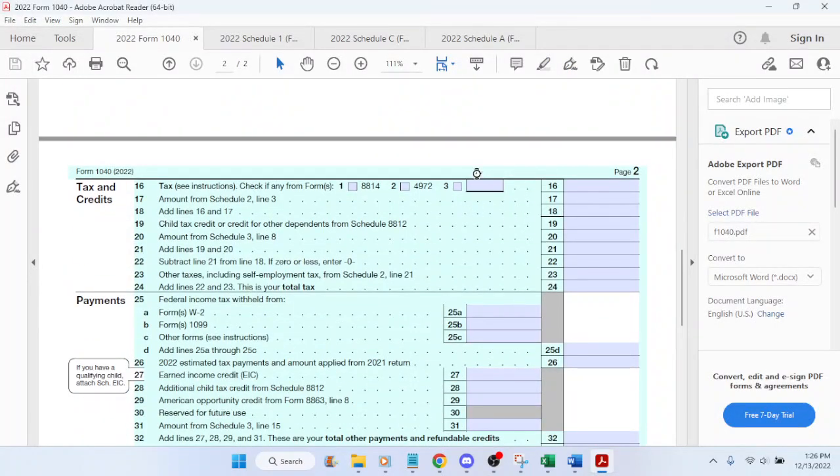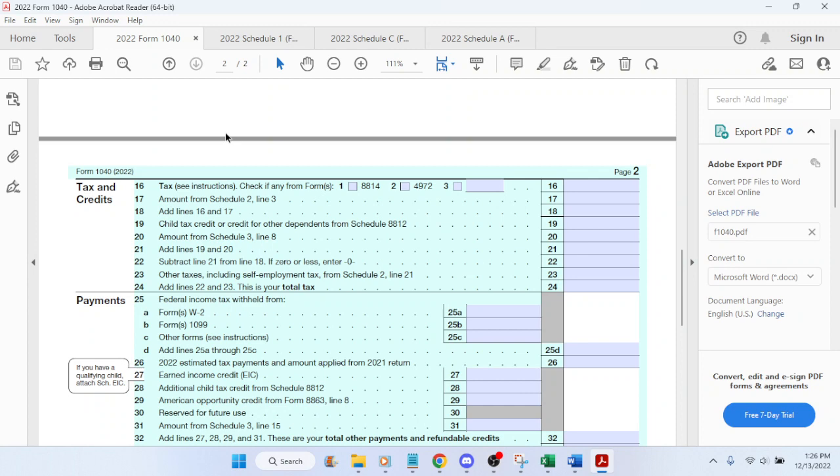We have tax. Now I have to figure out what all this other stuff is. Is line 16 just the ordinary income tax, or is it both the ordinary income and the capital gains?